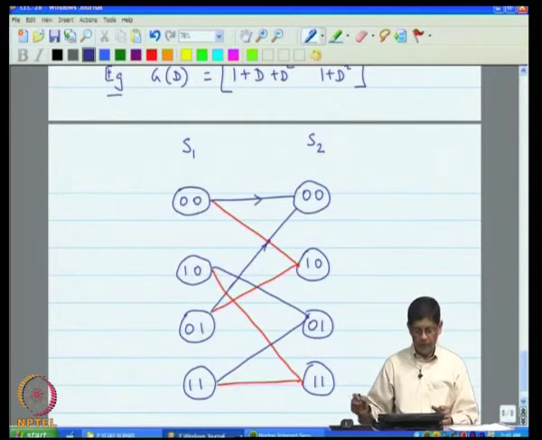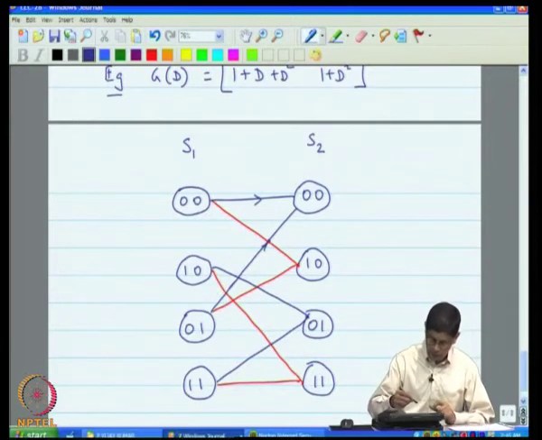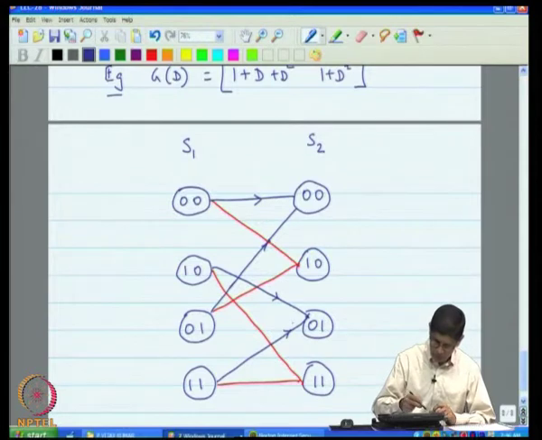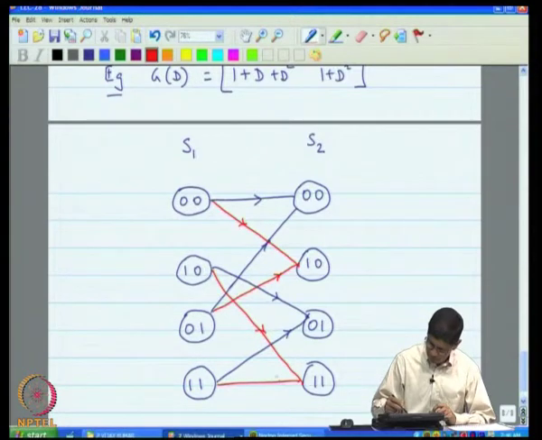Okay, so now we are done. These are all the possible transitions. And I will orient the edges in this direction because we are going forward.